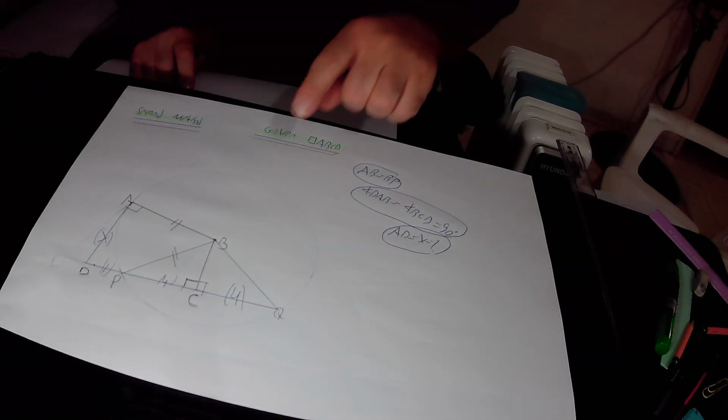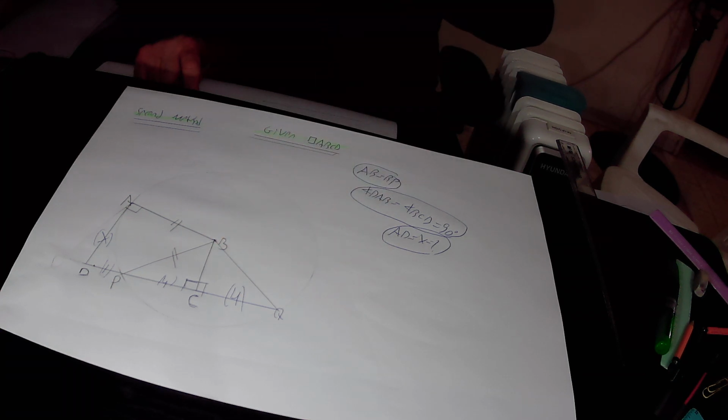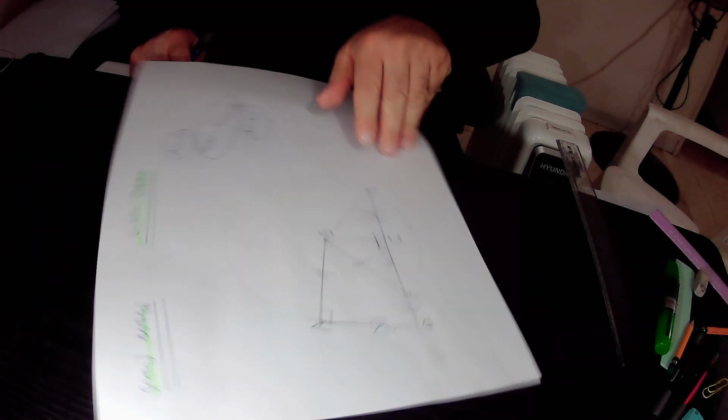And finally, this is side BC. This is the common side that belongs to both triangles.